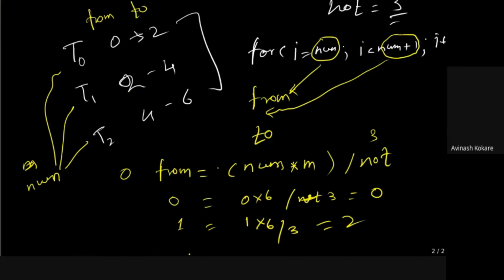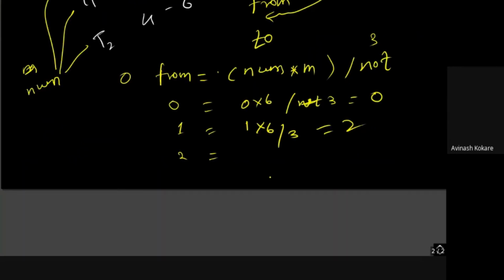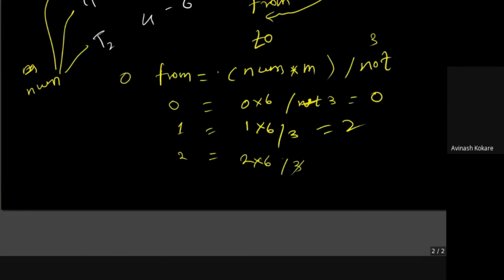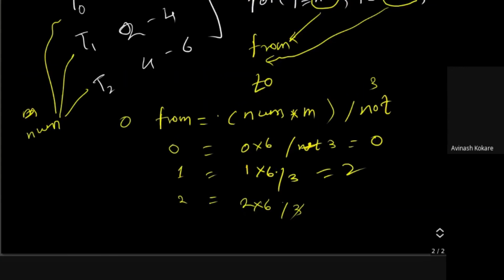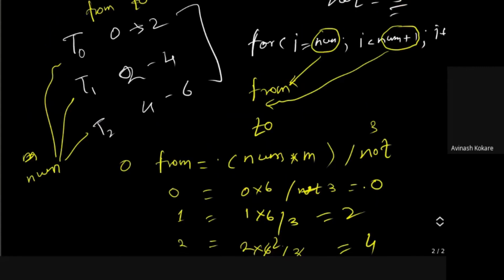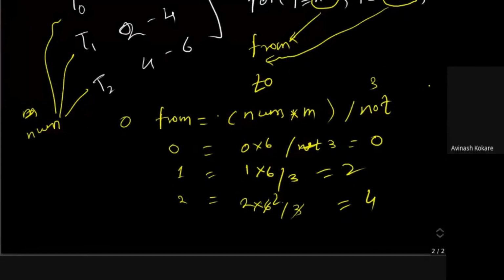For T1 we are getting the correct value. Then let us consider the thread number 2: 2 into 6 divided by 3, that is 12 divided by 3, so it is equal to 4. That means we are getting the correct value. So the from formula is num into m divided by number of threads. Similarly, can you write a formula for to?